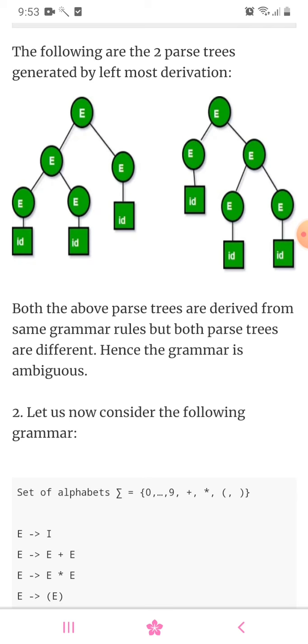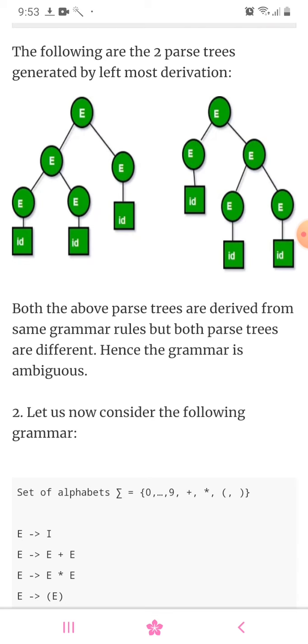This is our leftmost derivation. Now we will see the next parse tree. E gives E plus E and E gives ID. This is our leftmost derivation, and rightmost derivation is E gives E plus E gives E plus E gives ID. Then E gives E plus E and E gives ID.